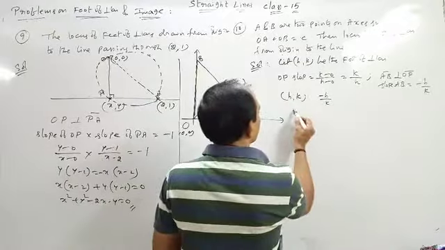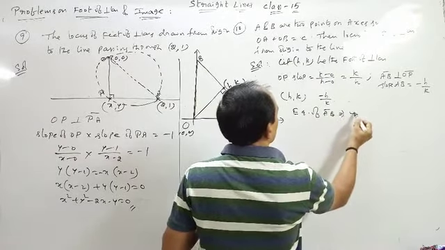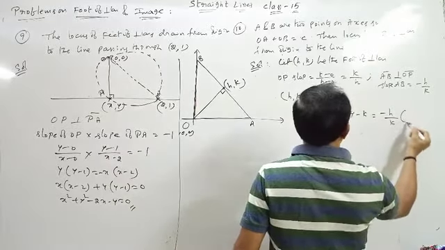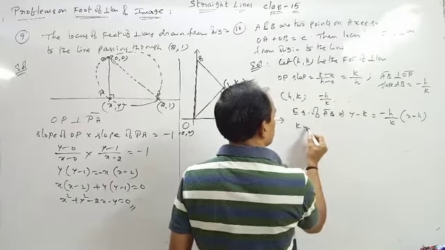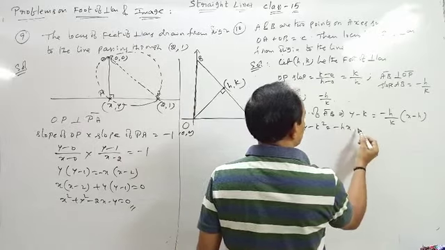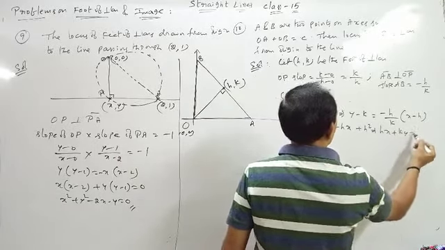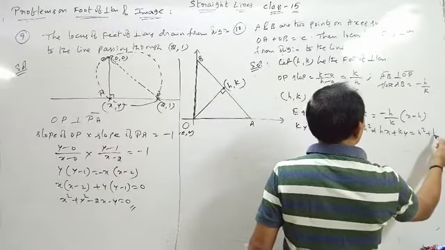Then the equation of AB bar is y minus y1 is equal to minus h by k into x minus x1, that is ky minus k square is equal to minus hx plus h square. So hx plus ky is equal to h square plus k square.